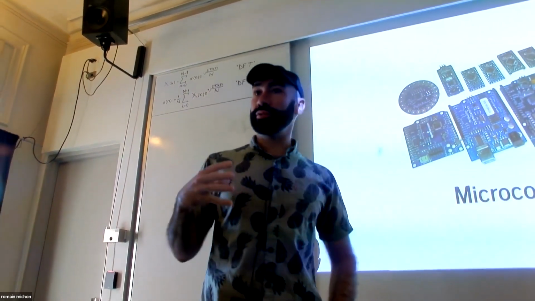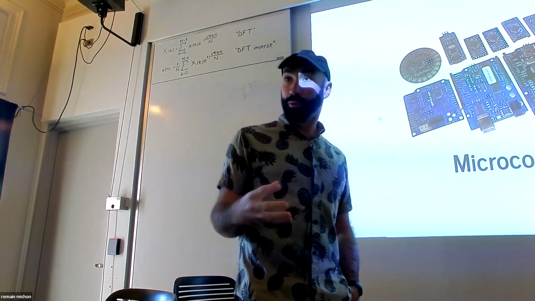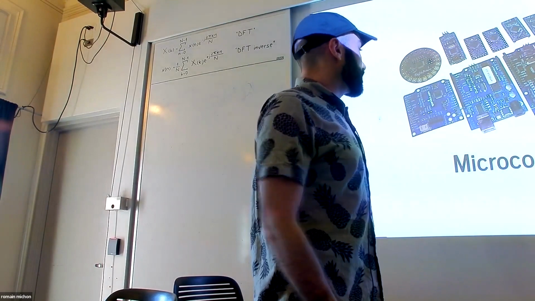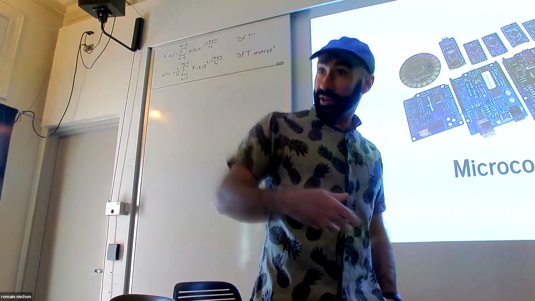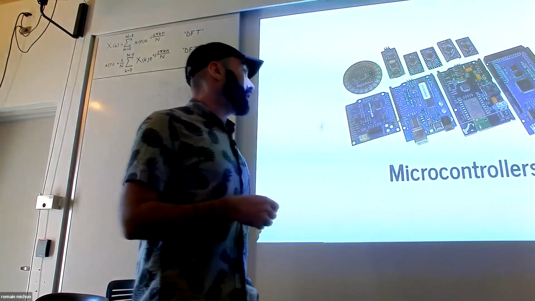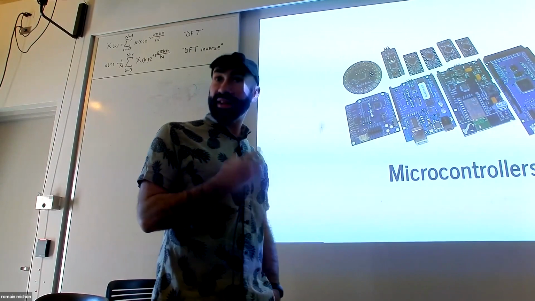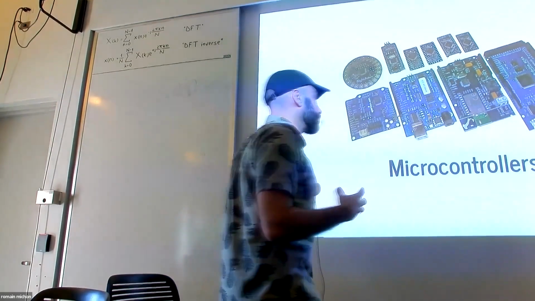A microcontroller is designed to be interfaced with the rest of the world. Microcontrollers have analog inputs, digital inputs, digital outputs, and they have lots of them. That's the main strength of microcontrollers.